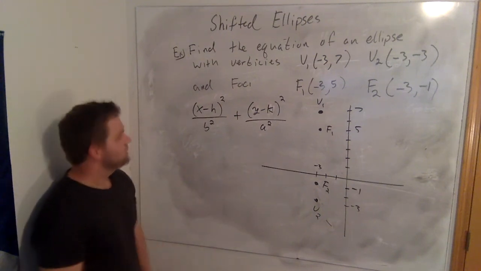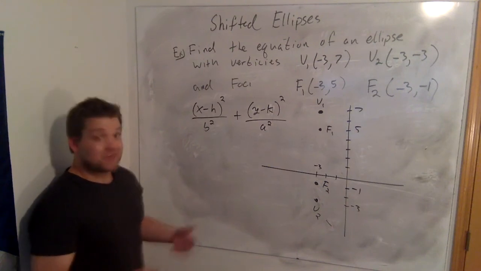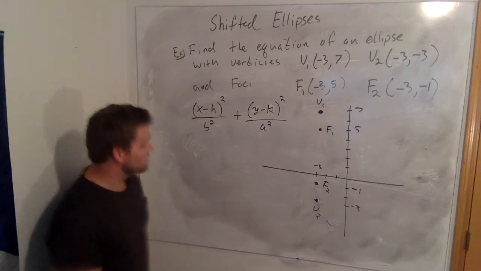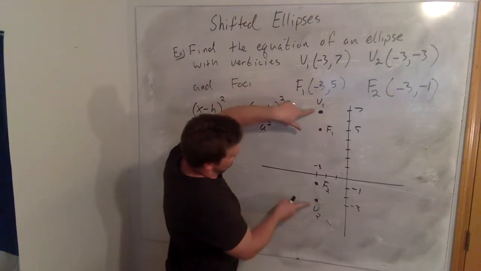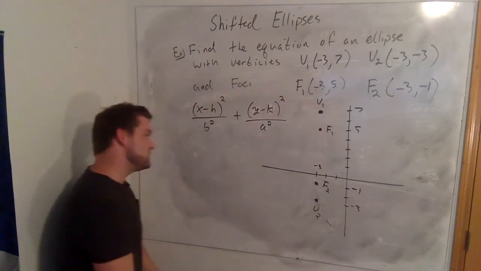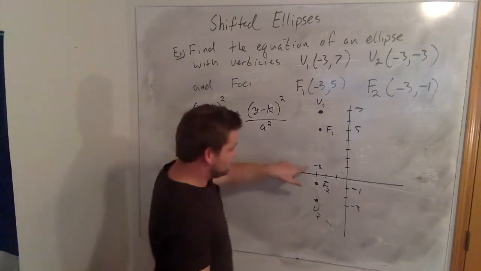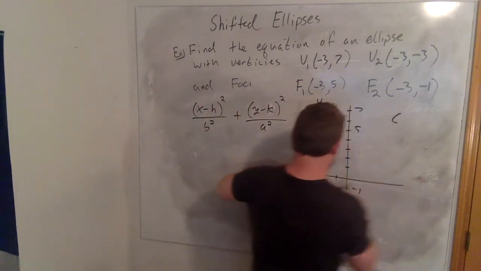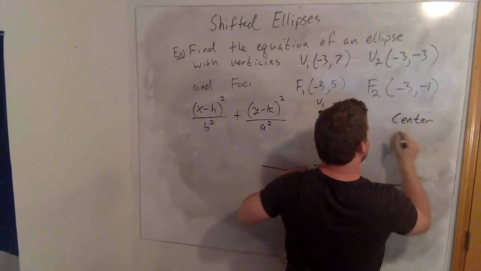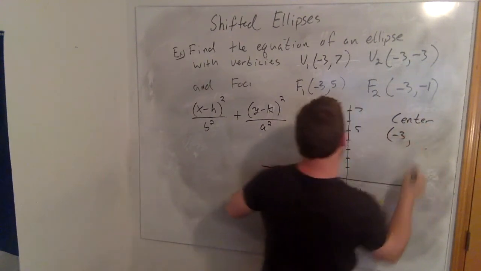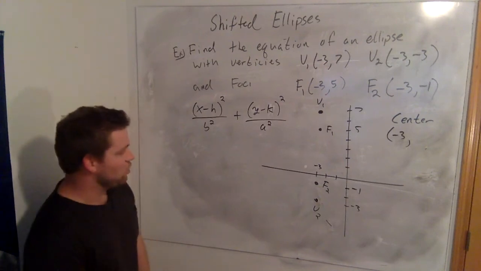That's just going to tell us the coordinates of our center, and we need to figure out what a and b are. To find any of this, we actually need to find the center first. The center is going to lie halfway between the two foci, or halfway between the two vertices. Its x-coordinate will have to be negative 3. Now let's figure out the y-coordinate.